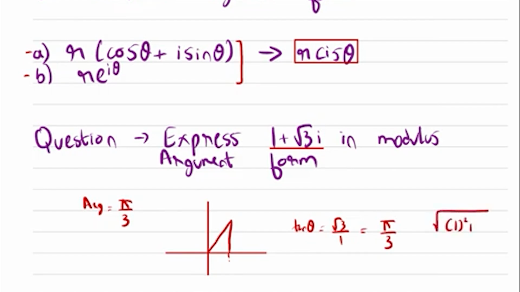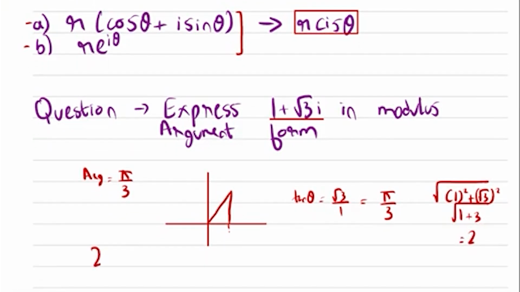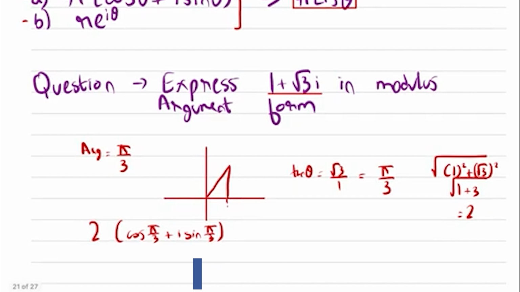Under root 1 square plus under root 3 square, that's under root 1 plus 3, that's 2. So in modulus argument form, you're going to write 2 cos pi upon 3 plus i sin pi upon 3. Do you get this? In the other form, you're going to write 2e^(i pi upon 3). Do you get this?